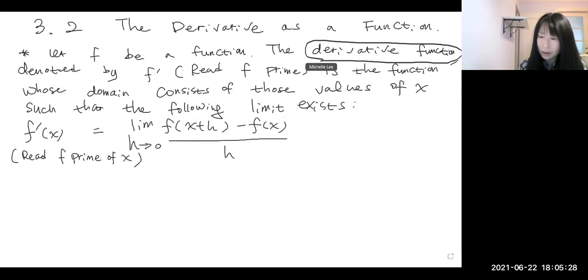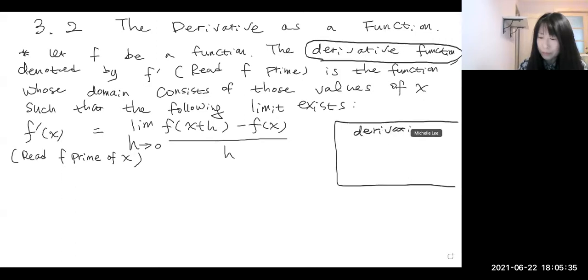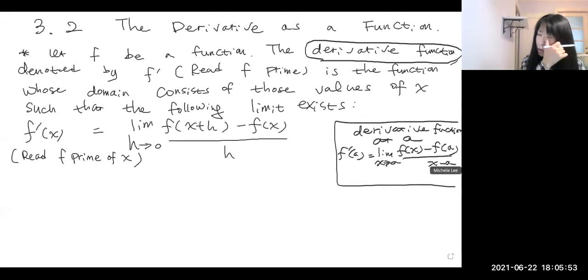We have a derivative function at one point, right? At a, right? Then we have f prime of a last time, the limit x approach to a, we have this formula. So chapter section 3.2, we are using this one, f prime of a. Okay, so we do that.